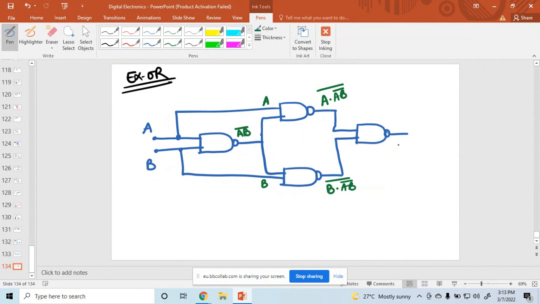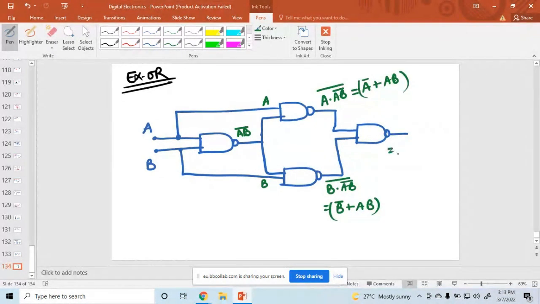And finally the output here, you can simplify this as it is. Apply De Morgan's, and the values are A bar plus AB bar, and here B bar plus AB bar. These two values.